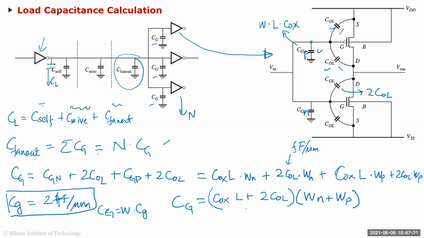So this quantity here is what I've written as 2 femtofarad per micrometer, because you have Cox times L here, and this is actually per micrometer anyways. So this is femtofarad per micrometer. So depending on what your Wn and Wp is, you multiply that to get the absolute value of your capacitance.